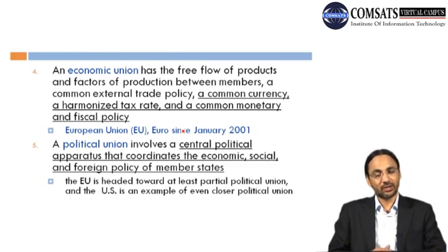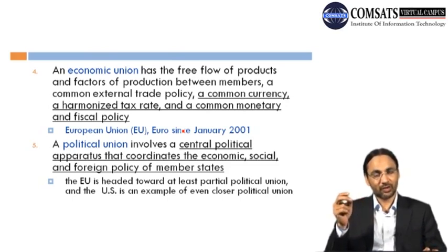They coordinate with each other on the basis of social, economic, and foreign policy. Not only the economic policy, like we have seen that their currency is the same, their tax rate is the same, their monetary policy and fiscal policy are harmonized within the member countries. Besides these things, their foreign policy is the same as well. That's the more important thing.